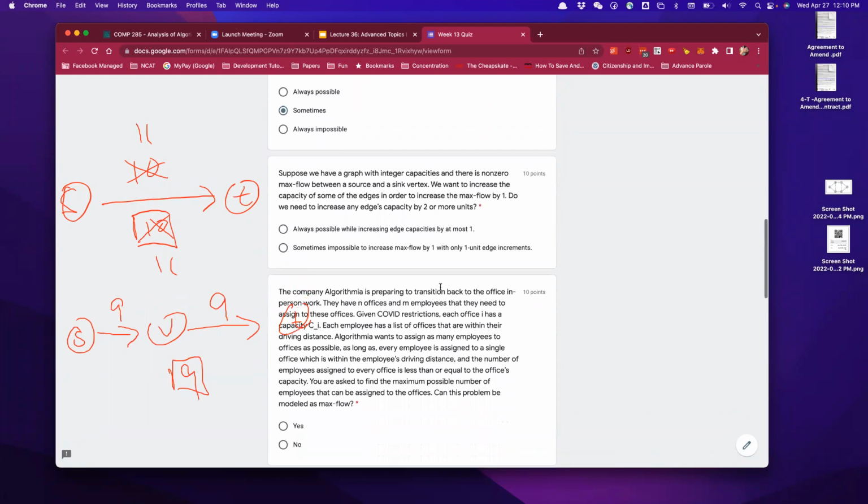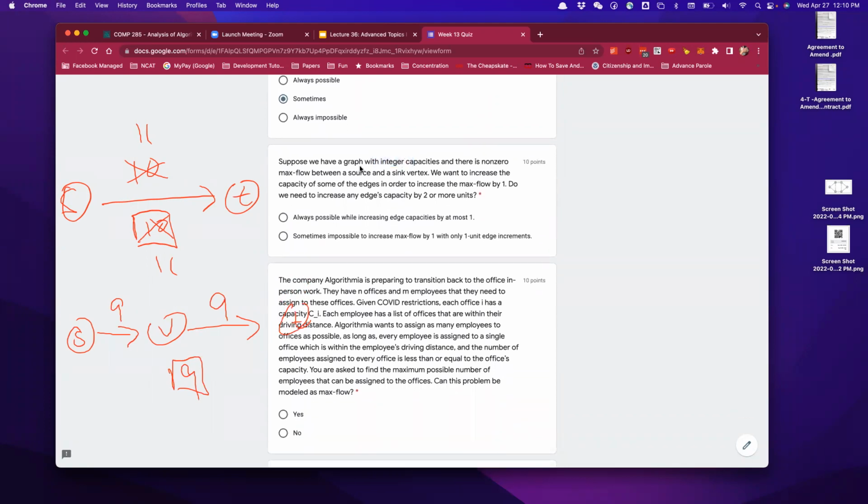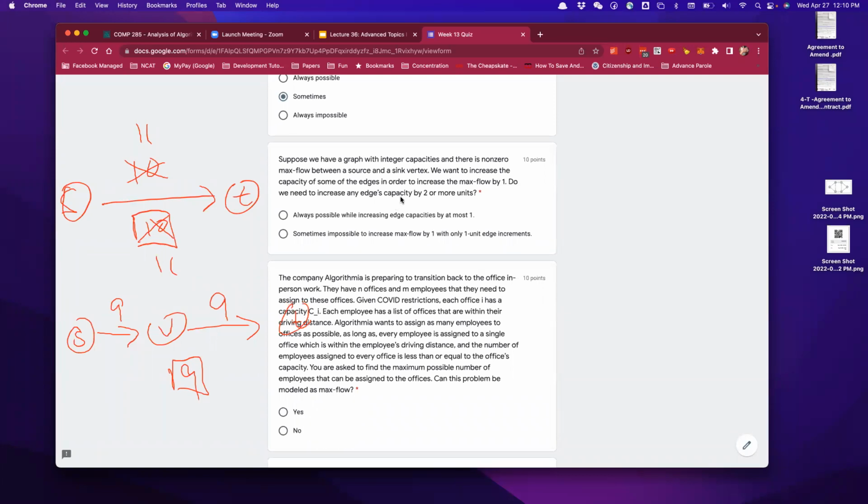Okay. So next question, suppose we have a graph with integer capacities and there's a non-zero max flow between a source and a sink. We want to increase the capacity of some of the edges in order to increase the max flow. Do we need to increase any edge's capacity by 2 or more units? So again, it's similar to this question.